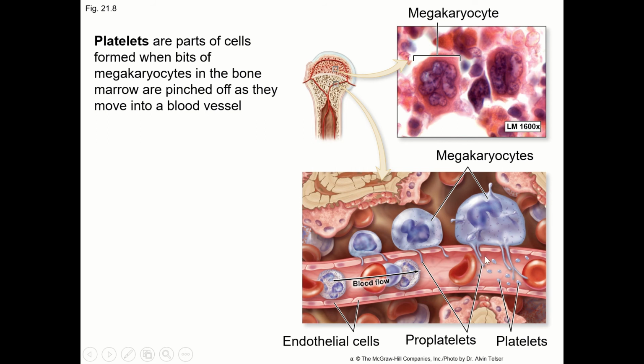And that cytoplasm has special proteins in it. And then as these pieces of cytoplasm ooze out through pores in the blood vessels, they get pinched off and they become the platelets. So platelets are not cells, they're little parts of cells.